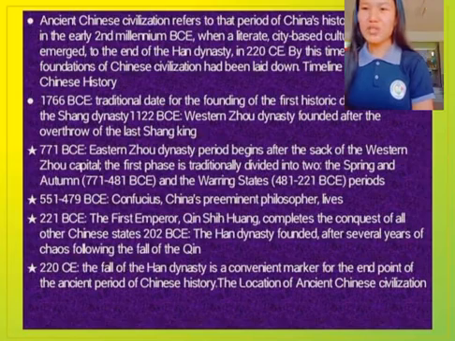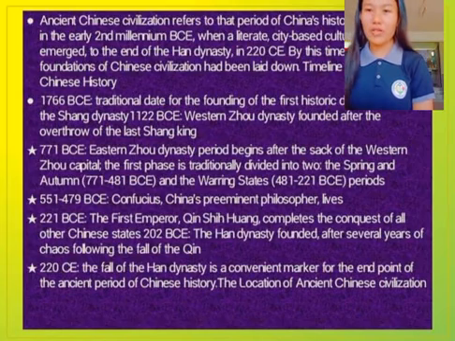In 202 BCE, the Han Dynasty is founded after several years of chaos following the fall of Qin. In 220 CE, the fall of the Han Dynasty is the convenient marker for the end point of the ancient period of Chinese history.